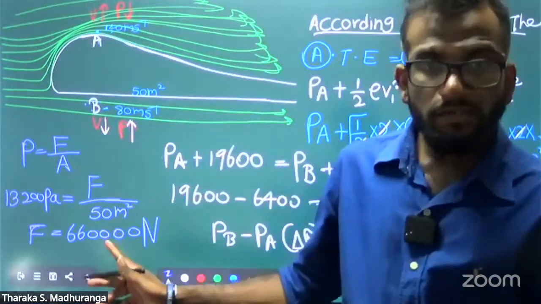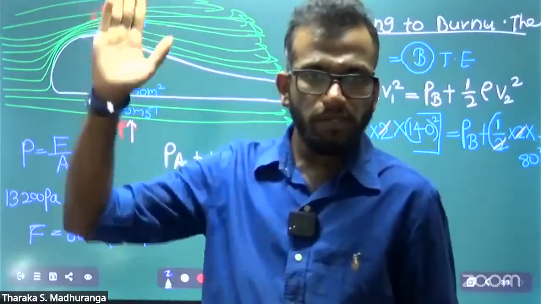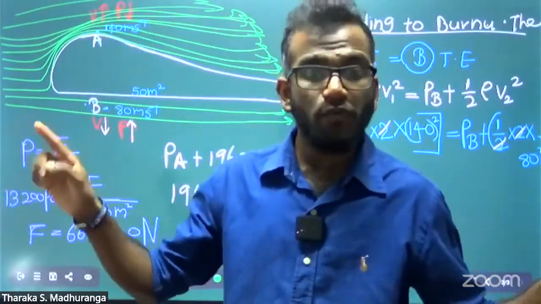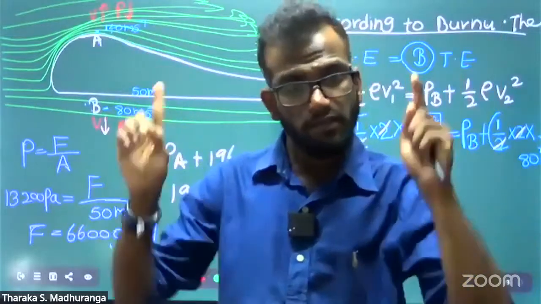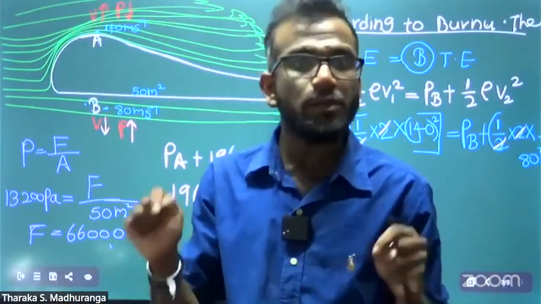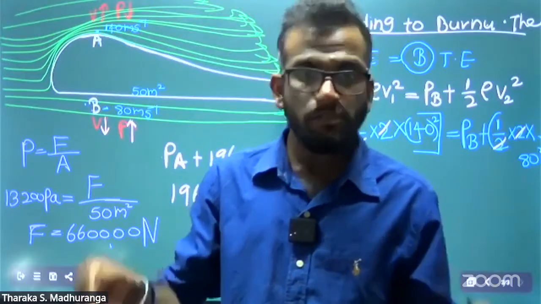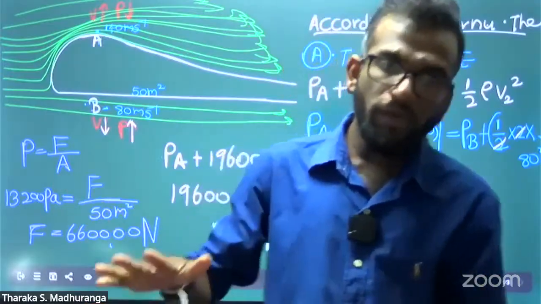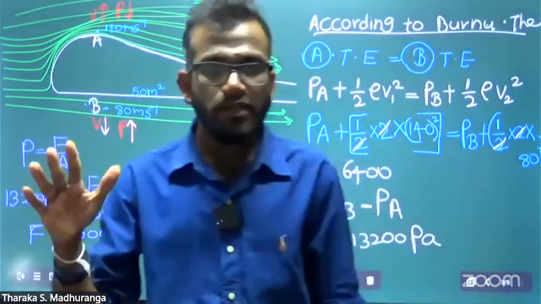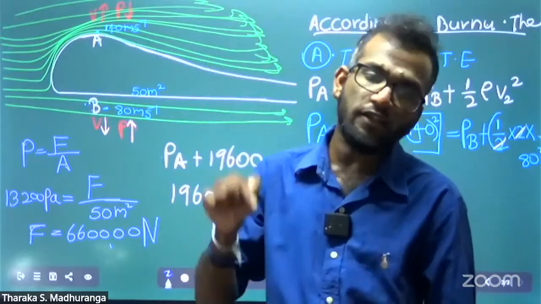Okay, this is the force exerted from downward to upward on the surface. If it is a force exerted, this is the maximum weight we can include in the plane. But always for safe flight, we need to keep the weight less than this force.